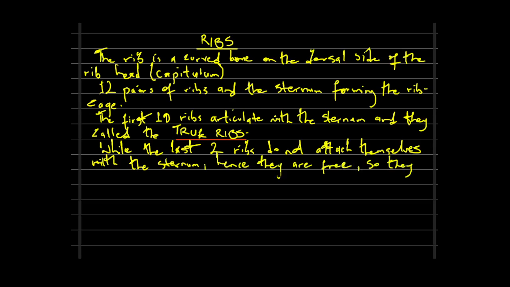So they are called false ribs or floating ribs. That is what we call them, because they do not attach themselves to the sternum. The last two bones do not attach themselves to the sternum. They are then called the false ribs or the floating ribs, unlike the first 10 that are called the true ribs. That is what you can see here.